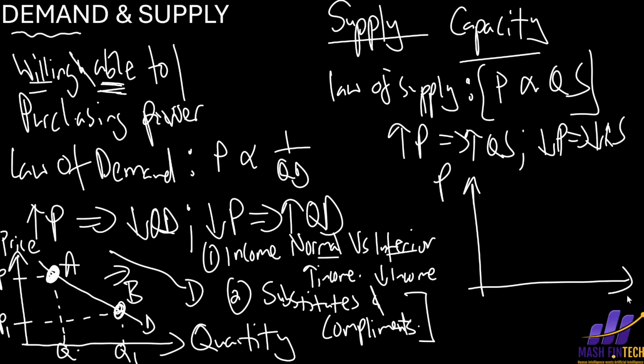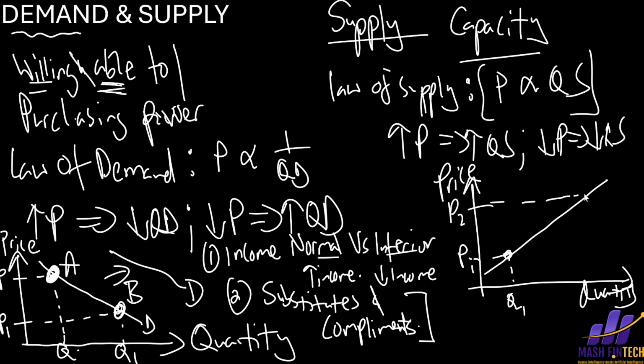Price on this axis, let me write it in full, quantity on this axis, and it slopes upwards from left to right to say at low prices, P1 here, the quantity supplied is low, but if prices are higher, the firms are willing and able to sell more. They will be selling more. The quantity supplied is along the curve, and when you join the different prices and quantities, you get the supply curve. Okay, so that is the supply curve.